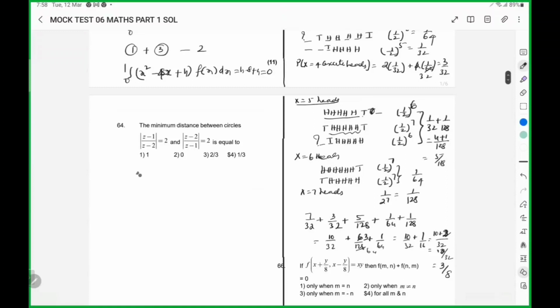Yeah, the minimum distance between... what this represents. Here you have a line, 1 comma 0 here, 2 comma 0 here. Z is some point.